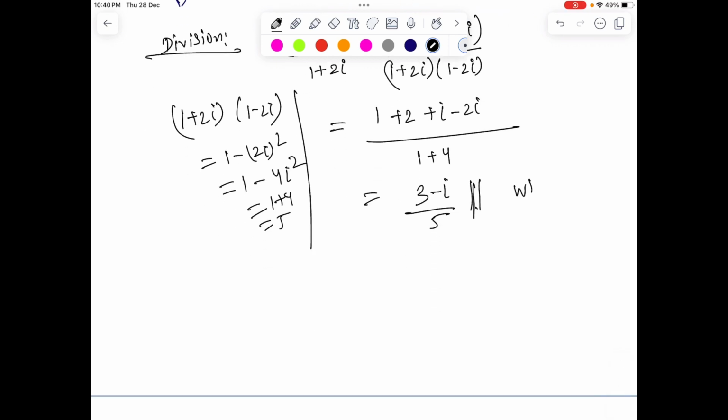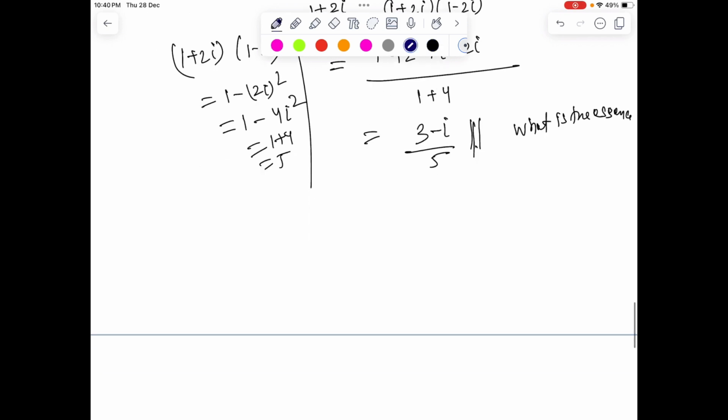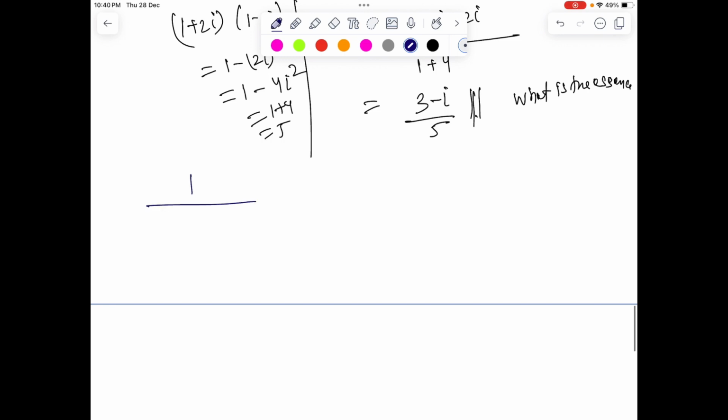So far so good. But what is the essence? So we can again repeat the same philosophy. And this time if I give you any complex number 1 by z, if you represent it in polar form, 1 by r times (cos theta plus i sin theta), what do you feel it evaluates to?